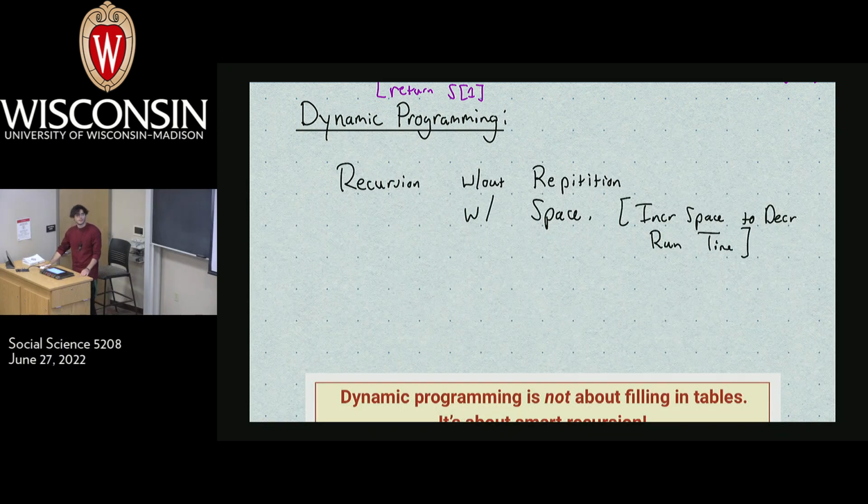Okay? That's the pattern. We just take some recursive algorithm. It could be a backtracking algorithm. It could be a divide and conquer algorithm. We don't care what kind of recursion it is. Just take a recursive algorithm. If it's repeating things unnecessarily, memorize those things. And then after you do that, you typically are going to convert the recursive algorithm into for loops to make it even faster.